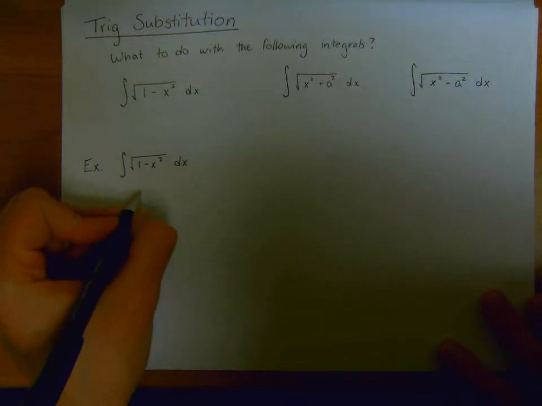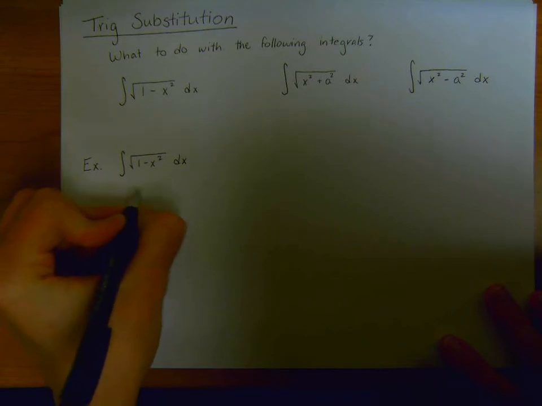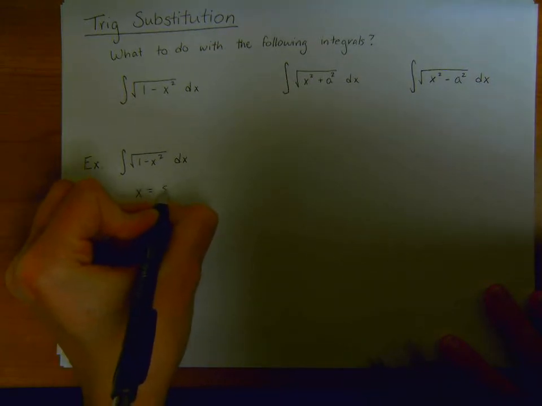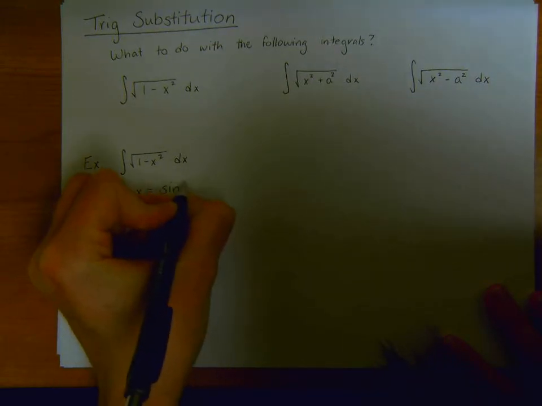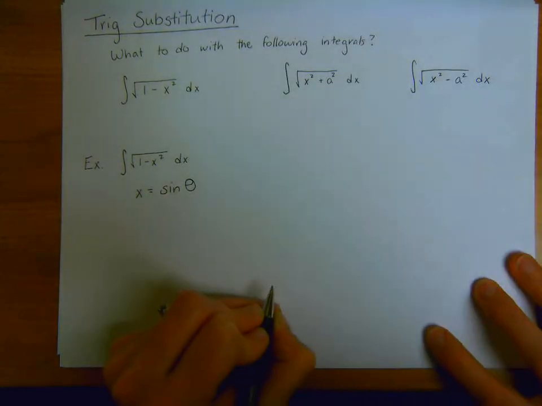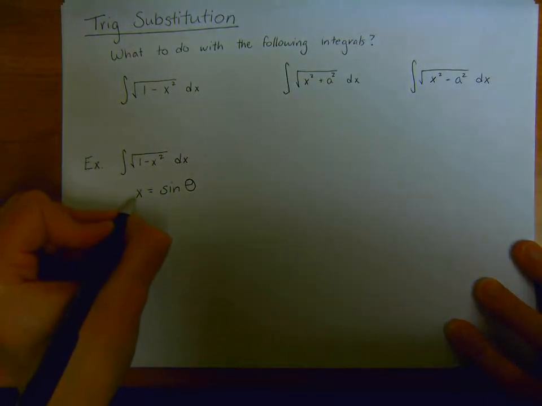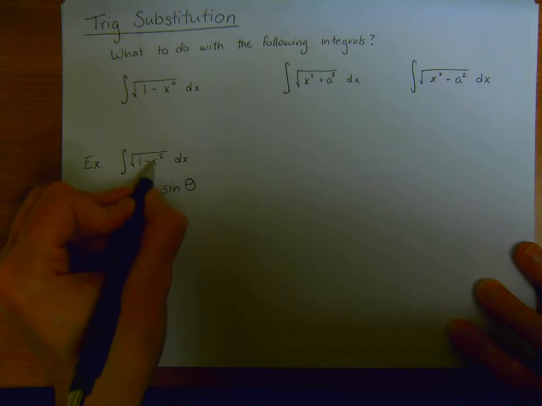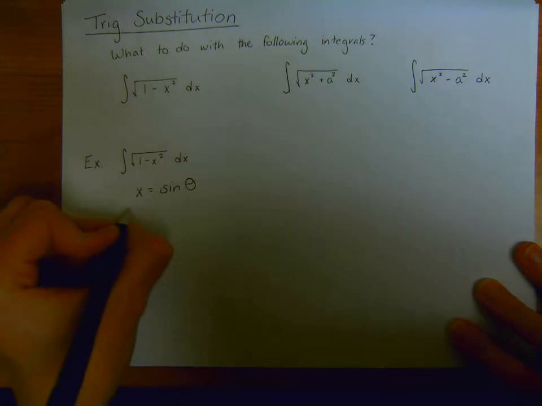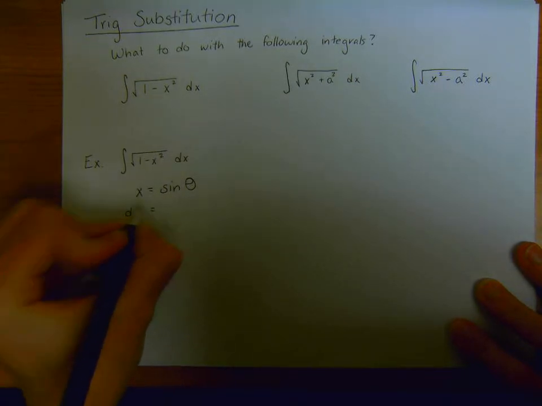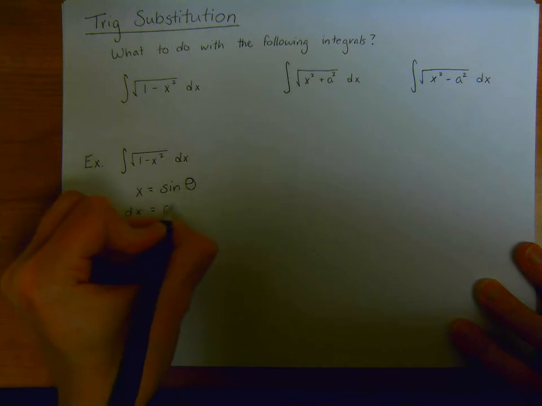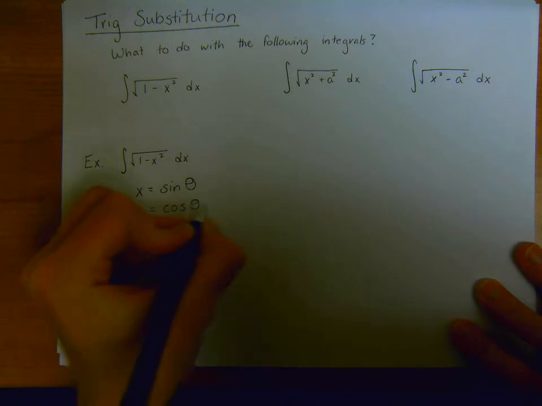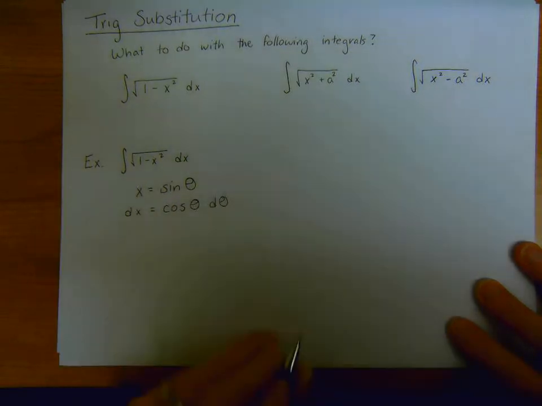So I'm going to let x equal sine of theta. What does that mean? That means that dx is going to be equal to the derivative of sine, which is the cosine of theta, d theta.